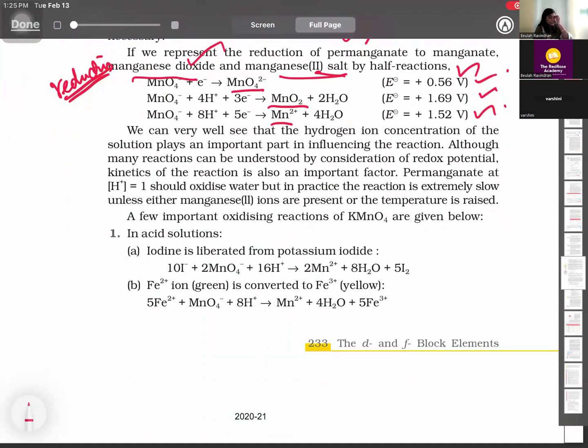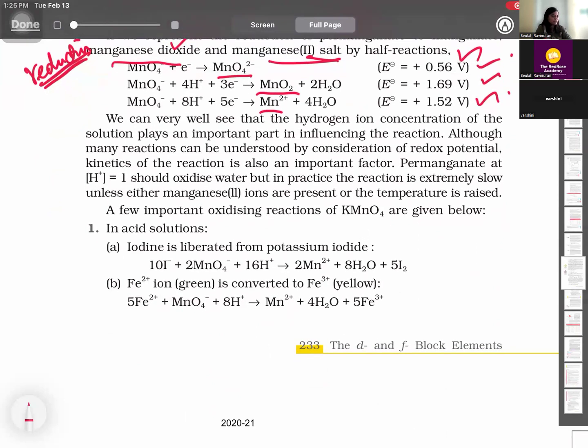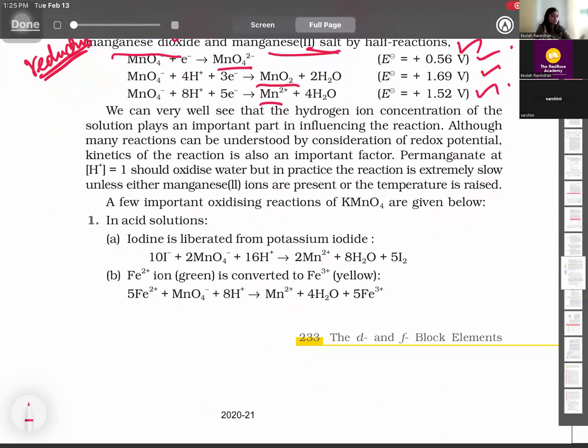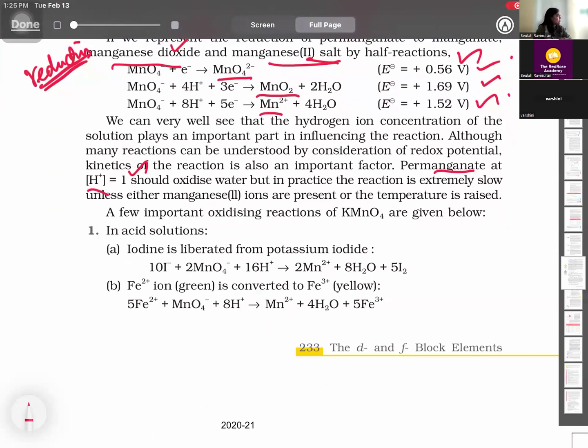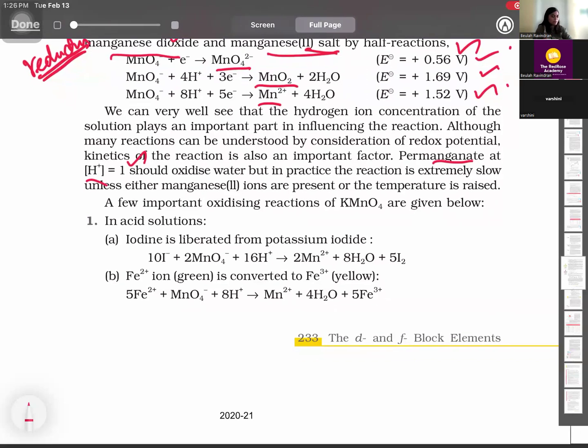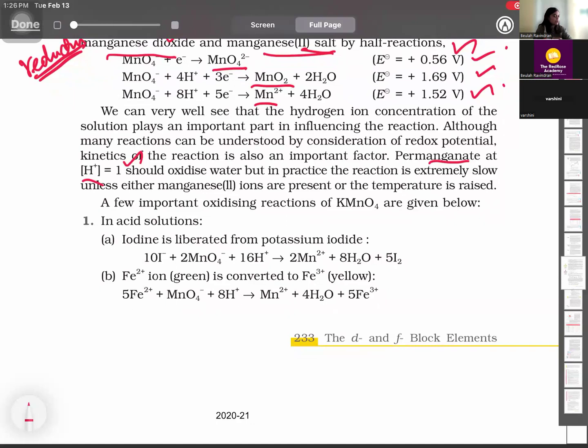So the hydrogen ion concentration of the solution plays an important role in this reaction. So you must know about the total redox reaction. The H+ concentration for permanganate is 1. Permanganate should oxidize water, but in practice the reaction is extremely slow, unless either manganese 2 ions are present or the temperature is raised.